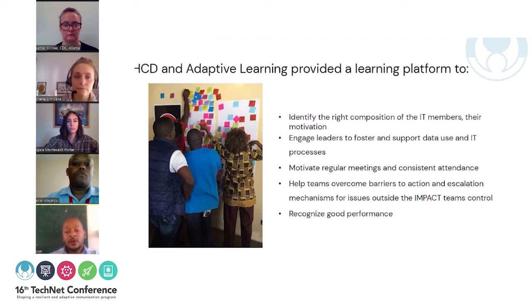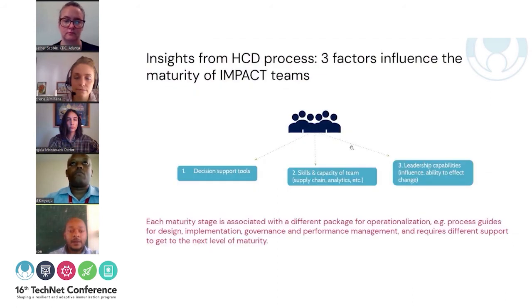How would they overcome barriers to action and escalate the issues to people beyond those within the impact teams? And also, how do you keep recognizing good performance and encouraging people to do better?